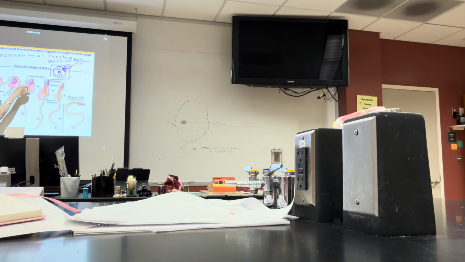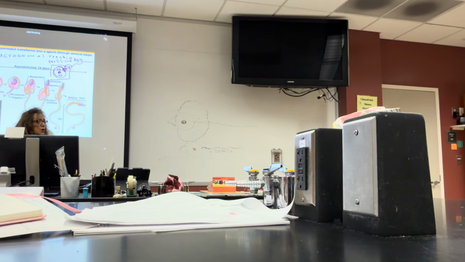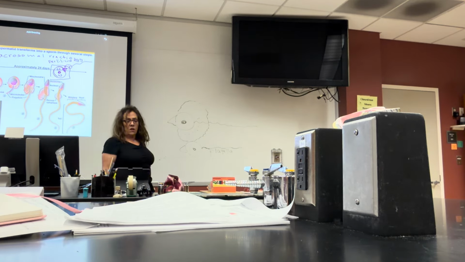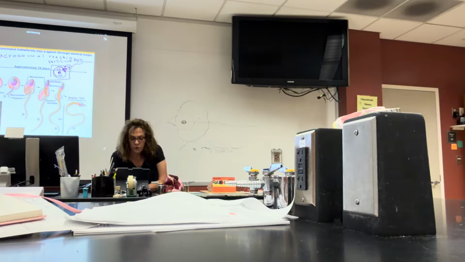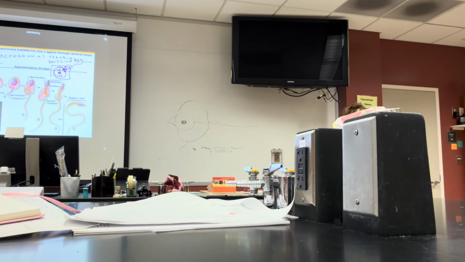So this acrosomal enzyme can degrade the zona pellucida, and once they do that, they donate their spermatozoa to the egg. And then the egg is called a fertilized egg or zygote. So the acrosomal reaction is a reaction that the spermatozoa has to go through to be able to donate its chromosomes to the egg and fertilize it.